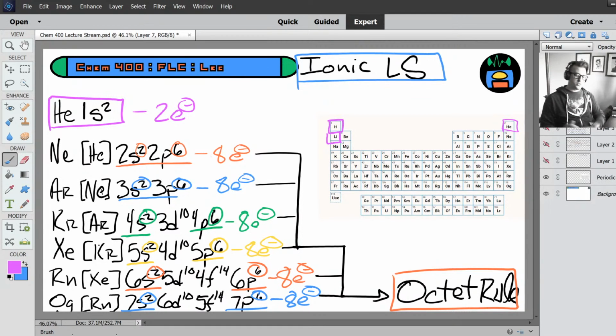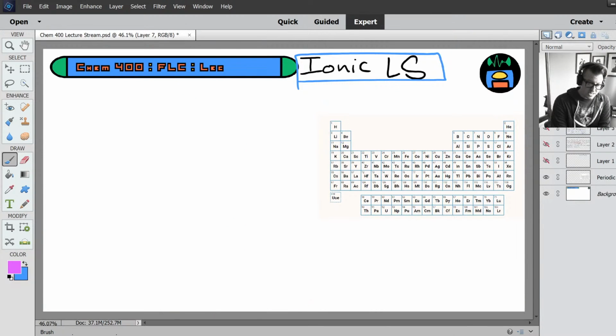So for those elements that are close to helium on the periodic table, they'll want to max out at 2, but everything else wants 8, because they all want to be like their nearest noble gas, which all have 8 valence electrons. So that's why it's called the octet rule.